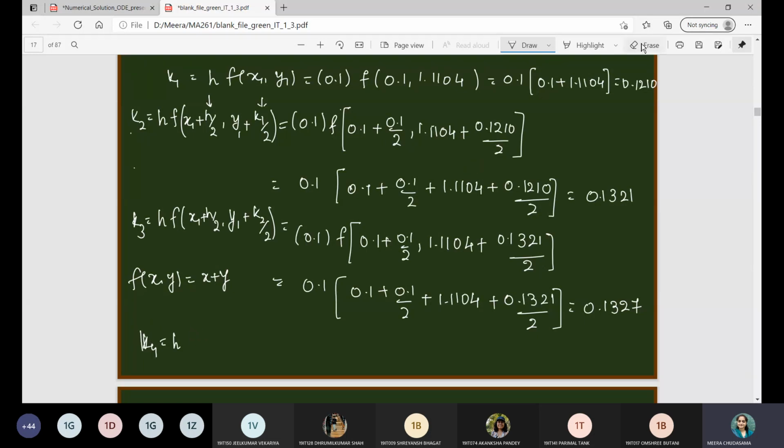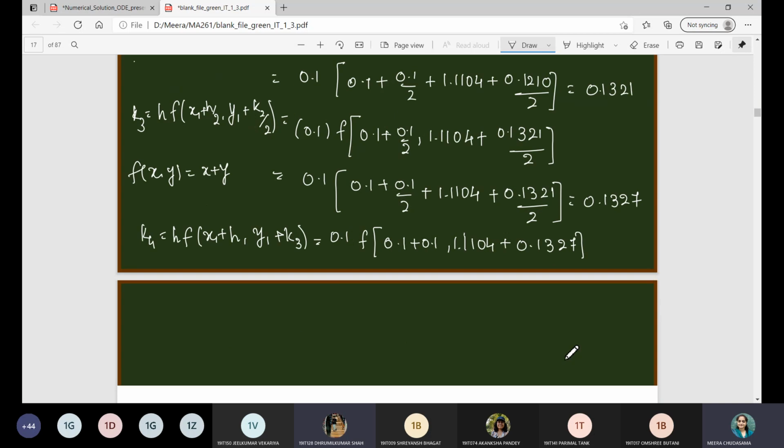What is K4? h of f of x1 plus h, y1 plus k3. Very good. Do you all remember it? So this is 0.1 function value. x1 is 0.1, h is 0.1, y1 is 1.1104 plus K3 is 0.1327.